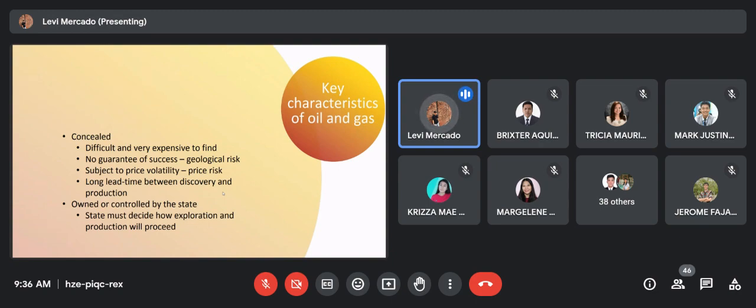Hindi naman palaging 100%. Although advanced na yung mga technologies na ginagamit natin ngayon, nalilesen na yung probability o yung percent error, sometimes may mga challenges o problems pa rin na na-encounter na first time lang natin na-encounter. That's why no guaranteed success.